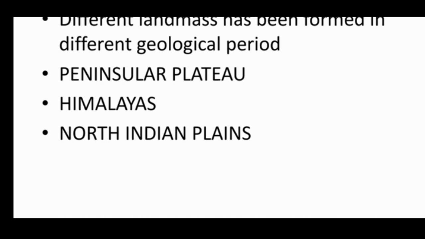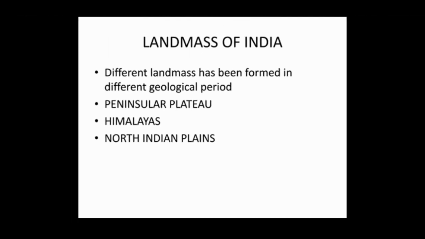Himalaya is therefore called young fold mountain, as it has been formed due to the folding of the crustal rocks. And next, after Himalaya, as we have seen, the rivers brought down the sediments from the Himalaya, they deposited in this plain, and the North Indian plain was formed. So different parts of India were formed in different geological periods.